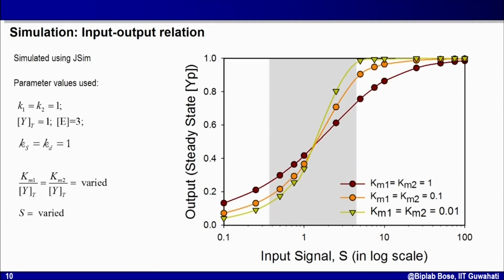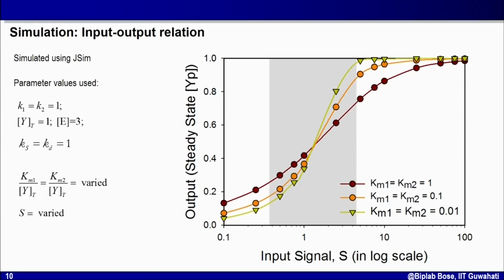Now let us look into the input-output relation using this JSim model. Previously I was trying to understand when S is changed, how the YP steady state value, the output, will change. And I was trying to use the phase plane plot to understand that. Here I have done the JSim simulation to understand the similar thing.